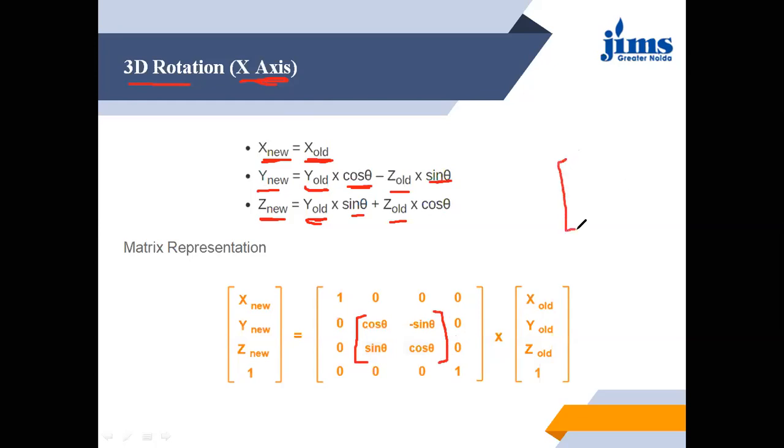In 2D, we were writing cos theta, minus sine theta, and in the next row sine theta and cos theta respectively.